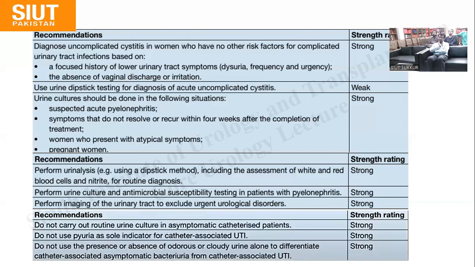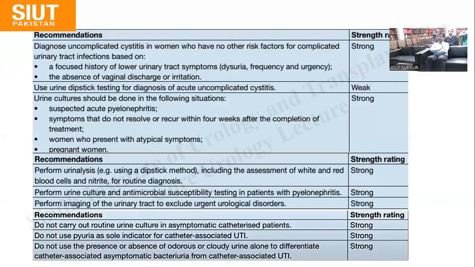Now, recommendations: perform urine analysis using the dipstick method, including the assessment of white and red blood cells and nitrite, for routine diagnosis. Perform urine culture and antimicrobial susceptibility testing in patients with pyelonephritis. Perform imaging of the urinary tract to exclude urgent urological disorders. These all have strong strength of evidence.